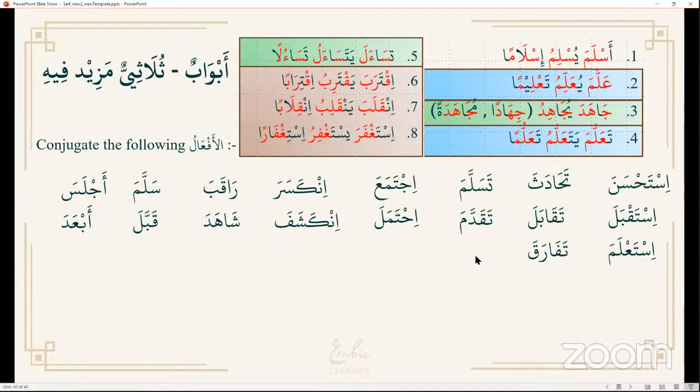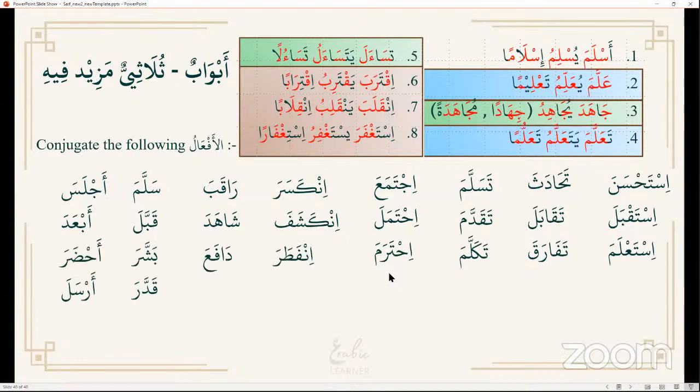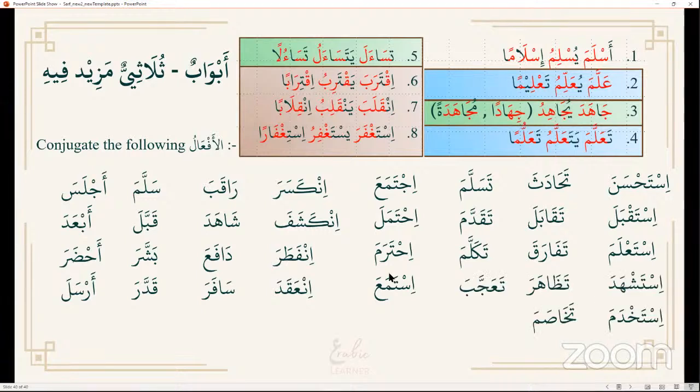Do you want me to continue like this, or you will do the practice at home? Shall I give it as homework? I think you have practiced a lot. So these are the words. You can take a screenshot of all these, and write or type them, whatever.